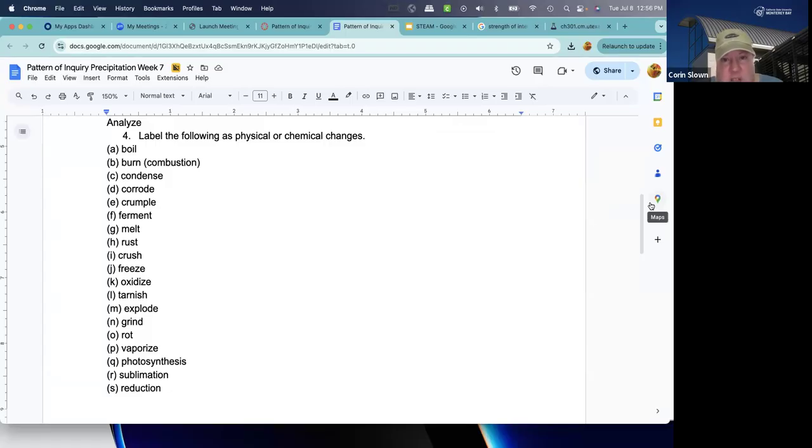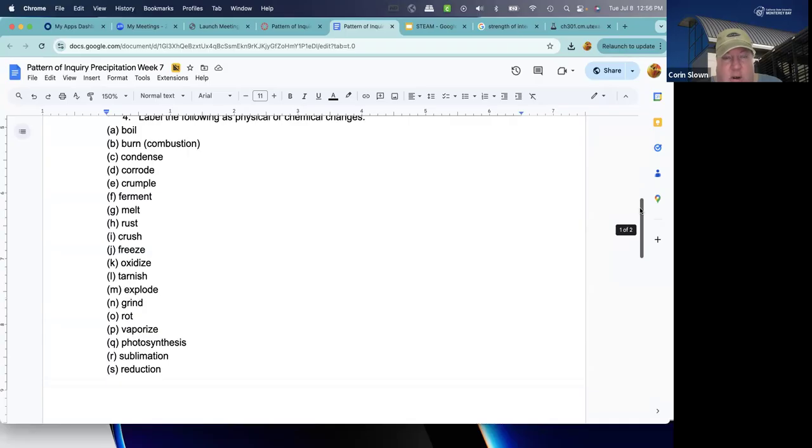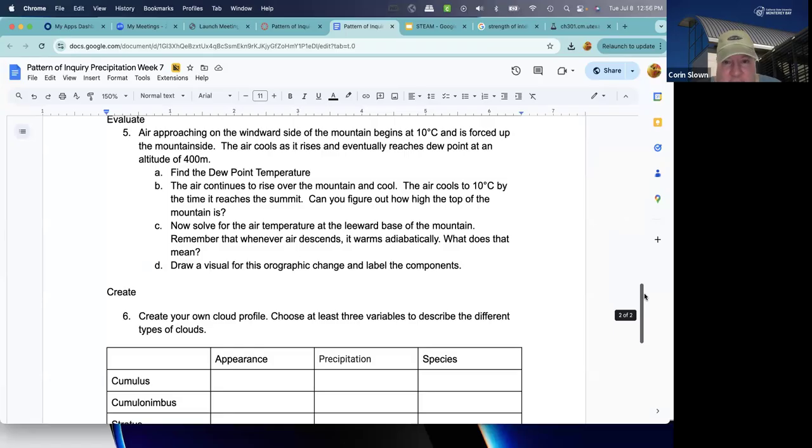If it's a chemical change, what bonds are breaking or forming. So start to go beyond just the physical or chemical and start to think about, well, what's physically changing about the relationship between the molecules, or what types of reactions are occurring. Is it acid-base? Is it synthesis? Is it degradation?